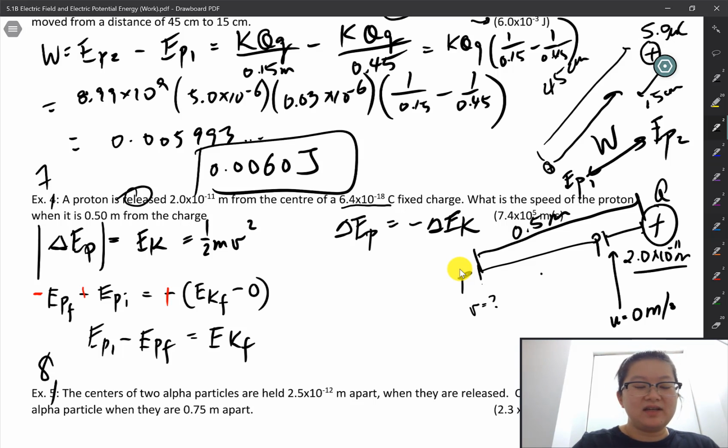Because if you think about it, the initial potential energy is going to be bigger than the final potential energy, which is further away. And that's going to be equal to the positive 1/2 mv squared. So that's why I talked about the magnitude instead of the actual signage.